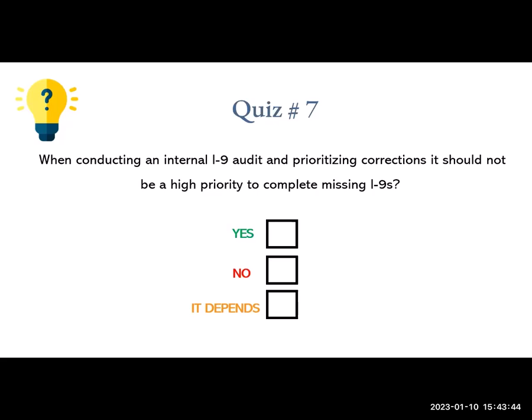Okay, it is yes. The reason why it's yes is because this has one of the highest fines. What the government takes from a missing I-9, the way they look at it is you knowingly hire an unauthorized worker.